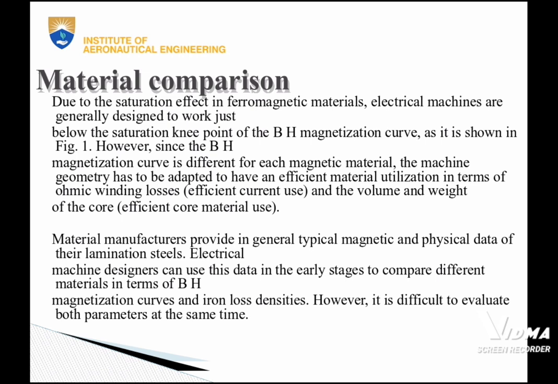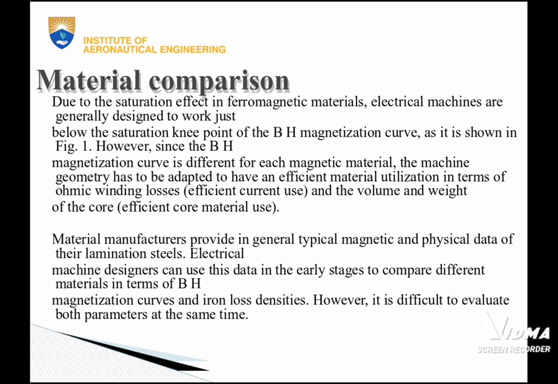However, since the BH magnetization curve is different for each magnetic material, the machine geometry has to be adapted to have an efficient material utilization in terms of ohmic winding losses and the volume and weight of the core.